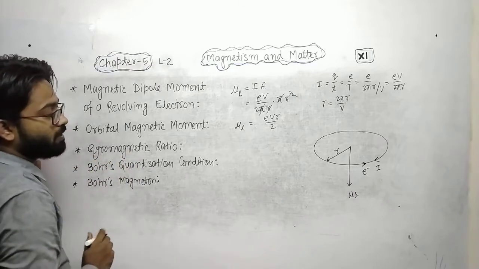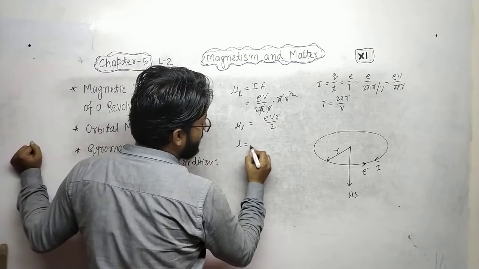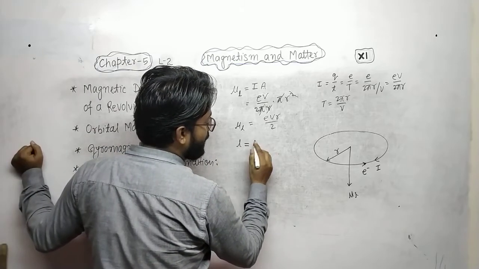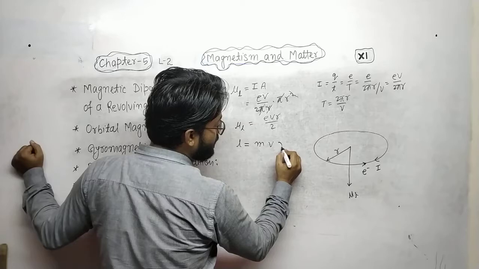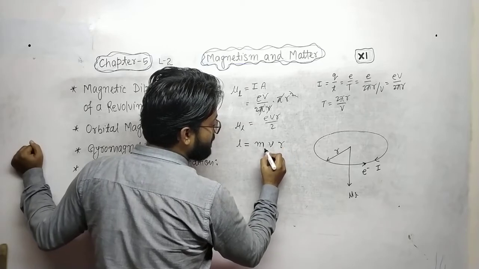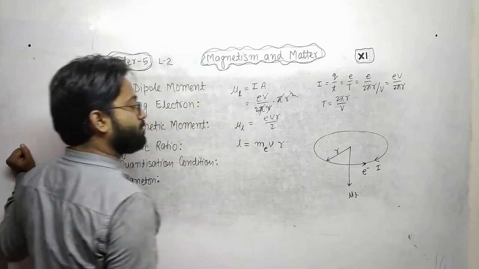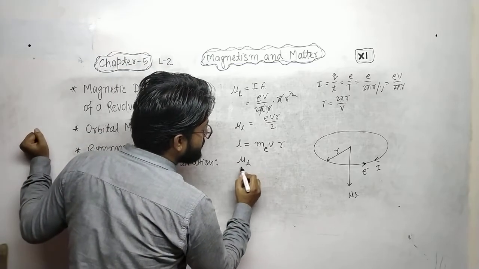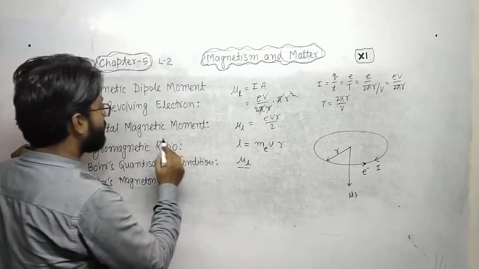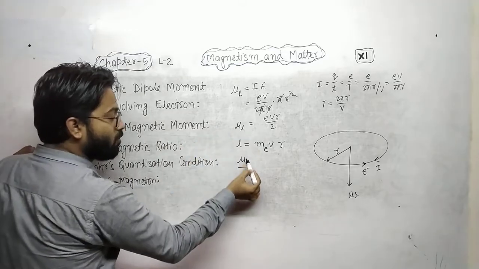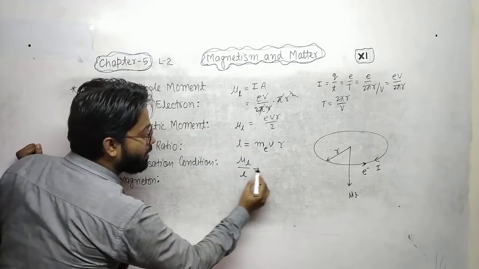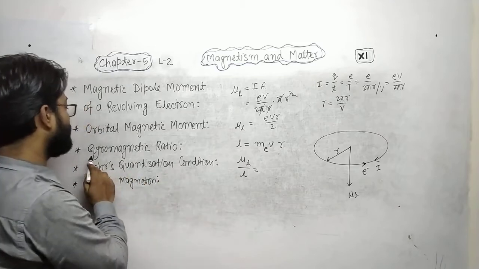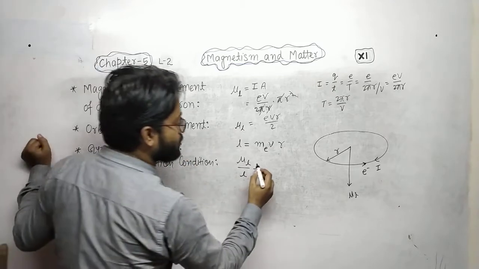Now the third point, gyromagnetic ratio. If L is the angular momentum, it is m v r, where m is the mass of the electron. The ratio of orbital magnetic moment and angular momentum is called the gyromagnetic ratio.